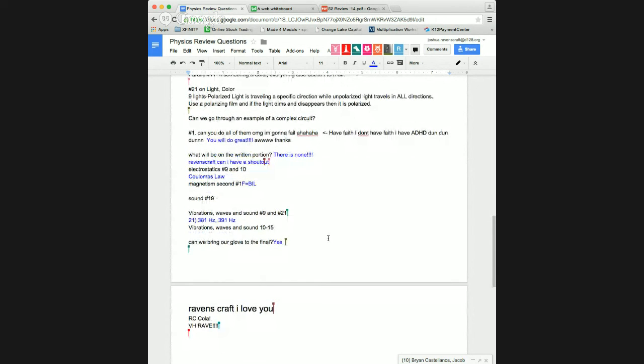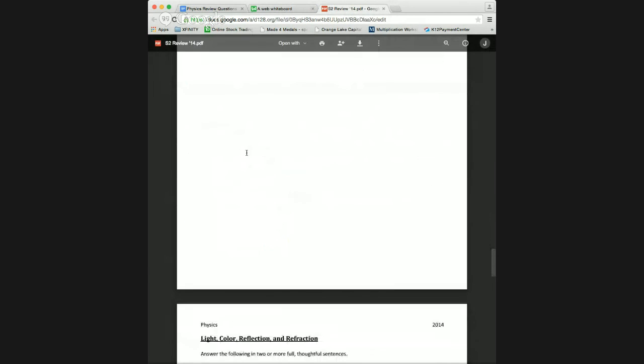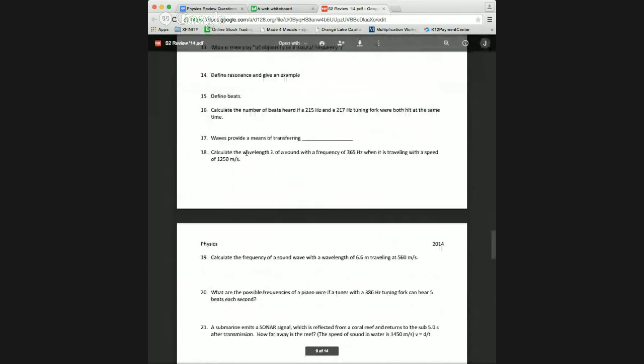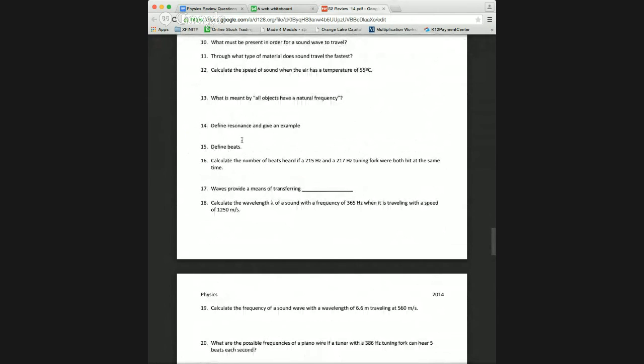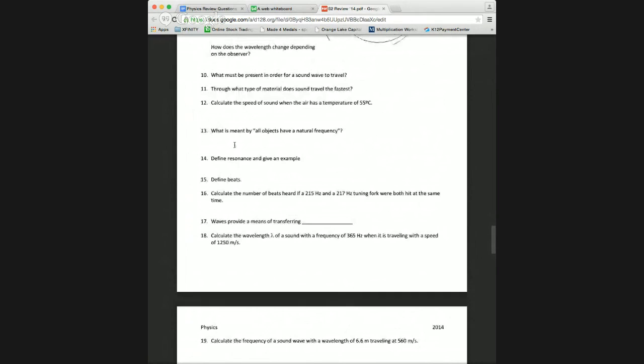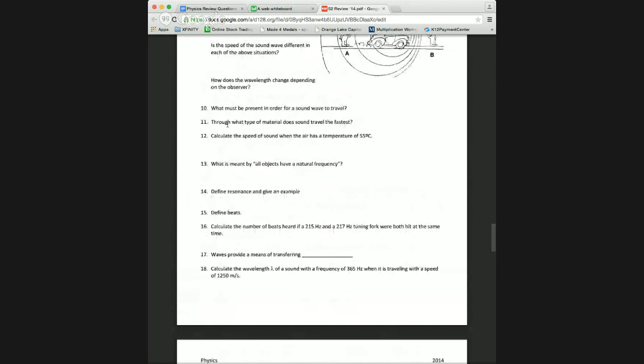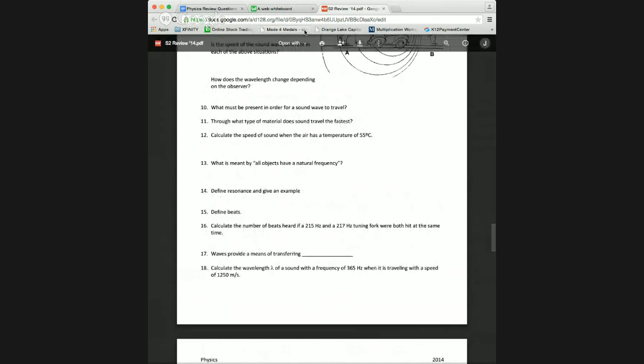Let's see. Sound 10 through 15. Let's see what those are. All right, so number 10, right? What must be present in order for a sound wave to travel?